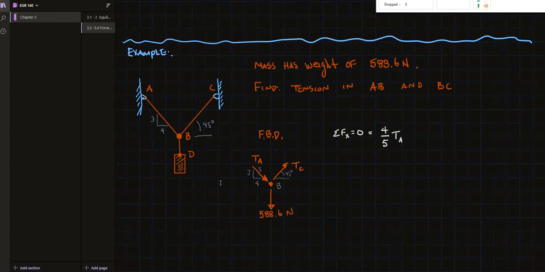And then I add to that the force here in the x direction, which is TC cosine of 45 degrees.